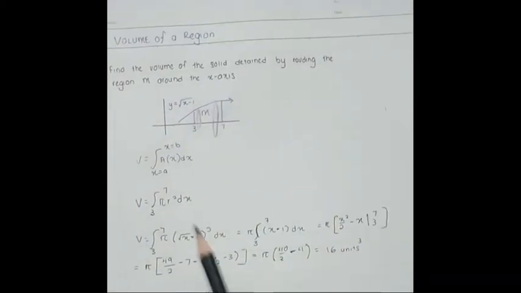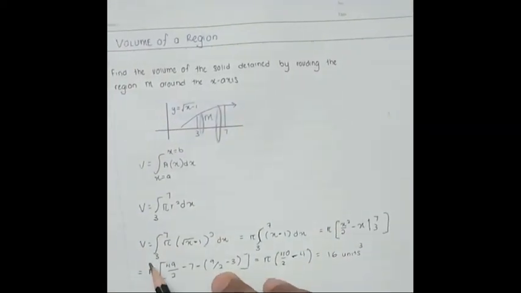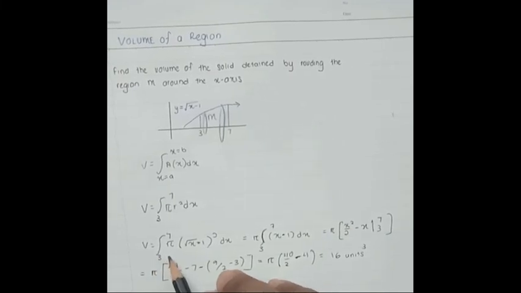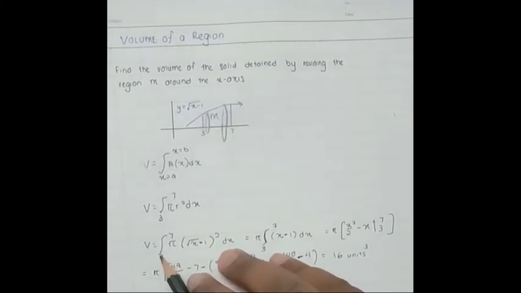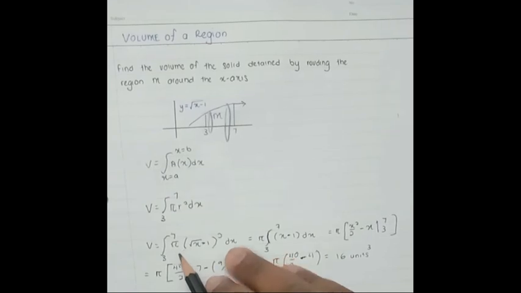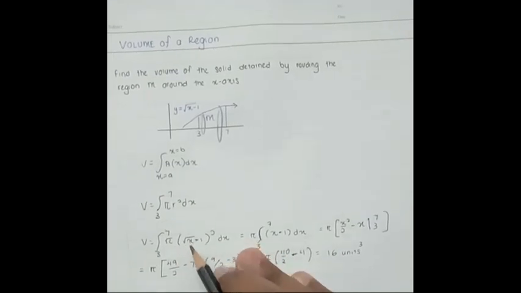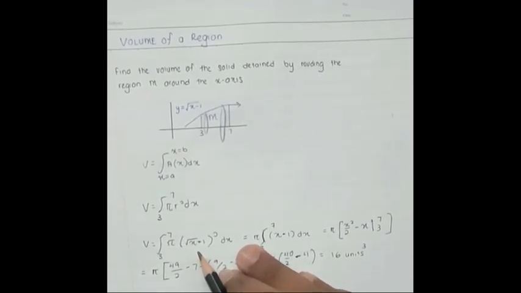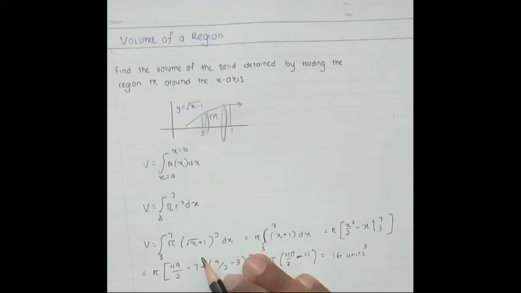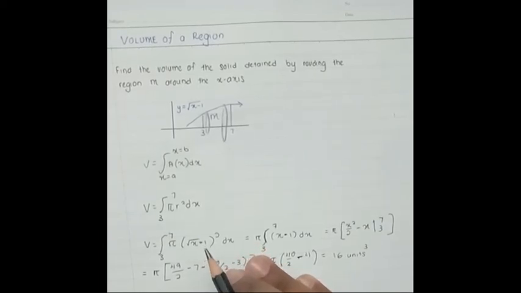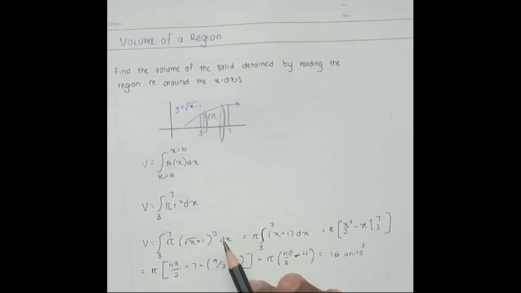Therefore, that's our radius. So it will become the integral from 3 to 7 of pi times r squared, where r is the square root of x minus 1, no matter where we are in terms of x, squared, dx. We're just going to square it.